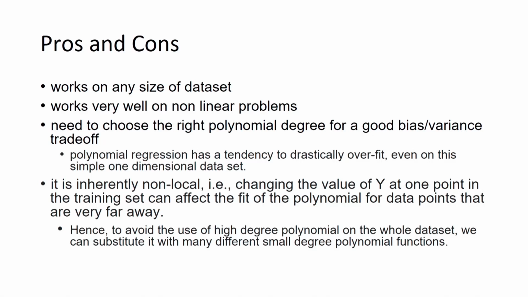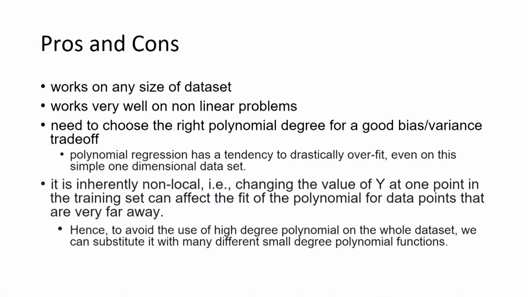I already told you that if we take a high degree polynomial, there may be a chance of overfitting. If you take a low degree polynomial, you may not capture the complex patterns in your data set. So this is the difficulty in polynomial regression, that you need to decide the right polynomial degree. Then it is inherently non-local.